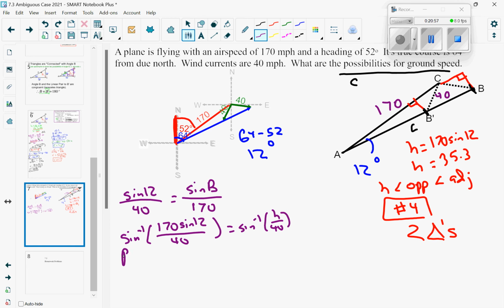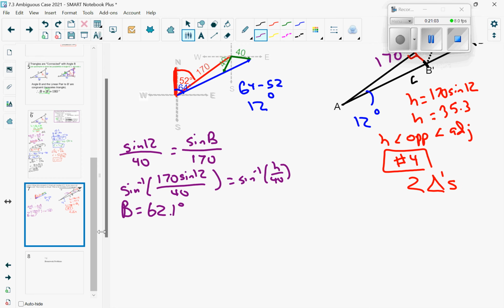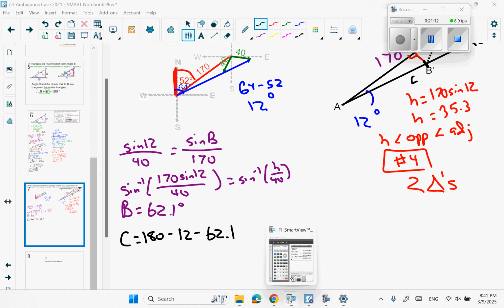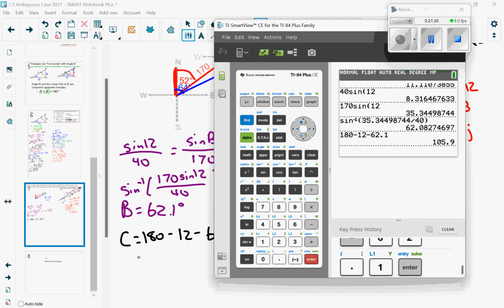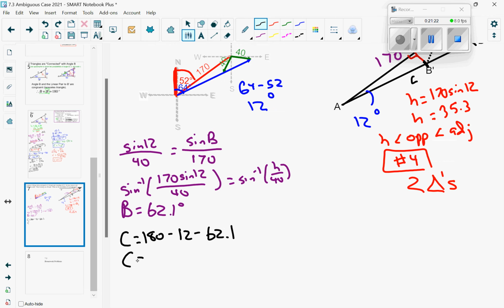So B is going to be 62.1 degrees, and therefore I can find C. C equals 180 minus 12 minus 62.1. C is going to be 105.9 degrees.